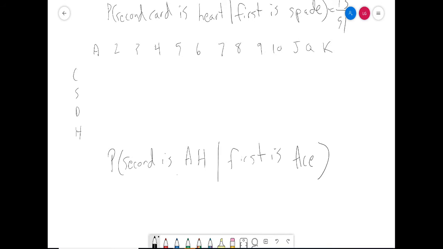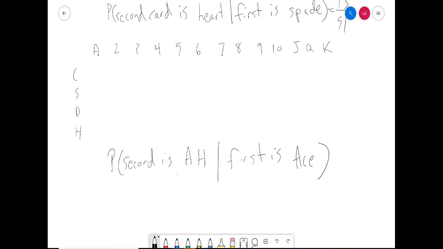Well, here we're in a situation where I think hopefully it's clear that the number changes. First you drew a card, so there are fewer cards left. You also drew an ace, so there are fewer aces left. However, it's possible that your partner drew the ace of hearts.